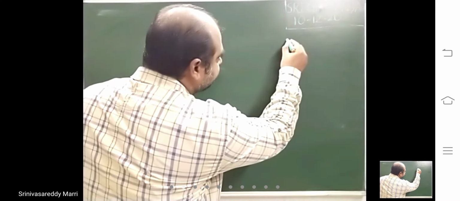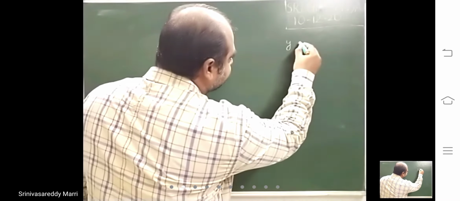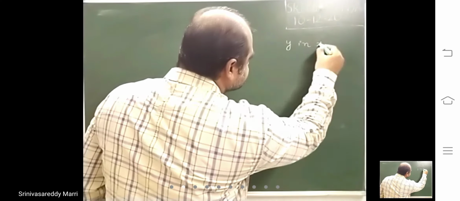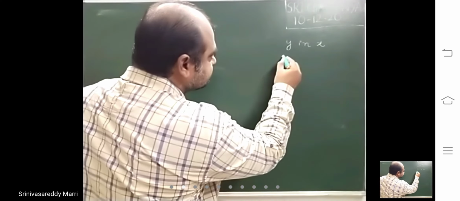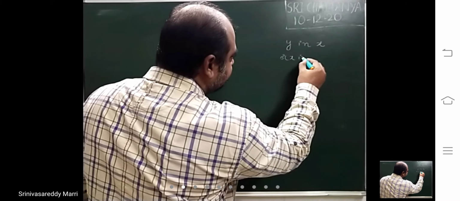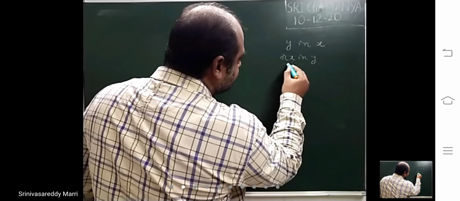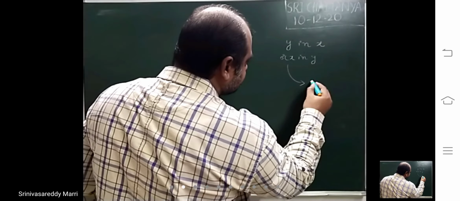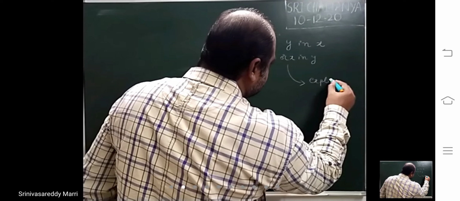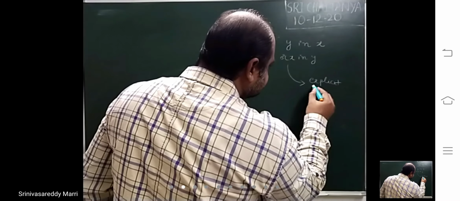Suppose if you are able to express y in x, or x in y, then this is called explicit form.